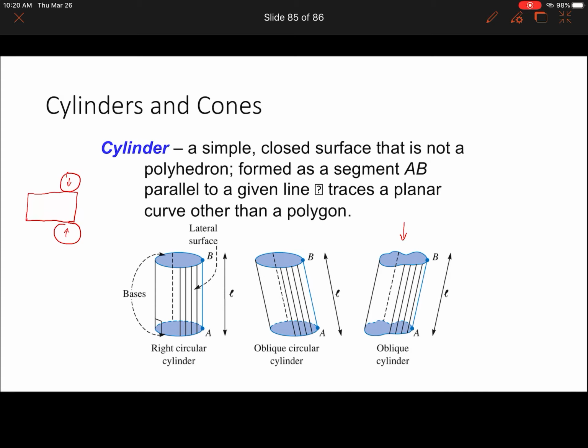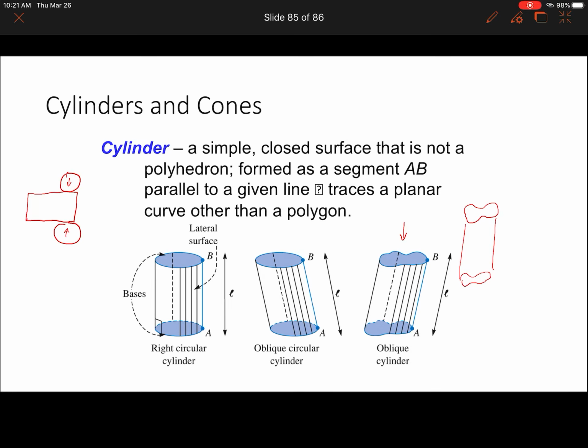We typically think about a cylinder as having a circular base, but it doesn't have to. In this last example, you can see that the top and the bottom are not circles. They're not polygons either. They are still a simple closed surface, and so that would form a cylinder. This one happens to be oblique because the top is shifted over. My kids have a toy they picked up as a souvenir, and its base kind of looks like this.